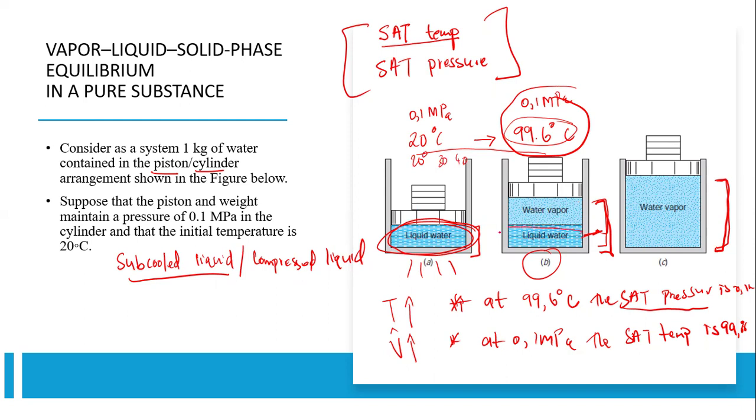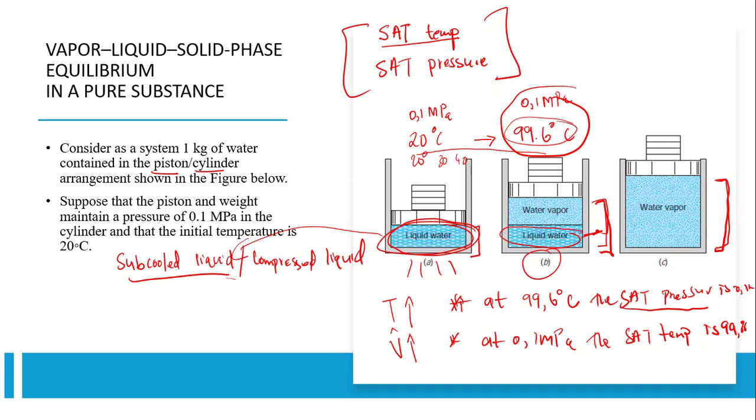And then this liquid over here is not just called liquid water. This liquid water is called subcooled, but this liquid water is called saturated liquid. Why? Because it is at the saturation temperature, but below the saturation temperature we have subcooled liquid. So when we say subcooled, cooled means temperature. Compressed, we're going to talk about the pressure, but it is the same thing.